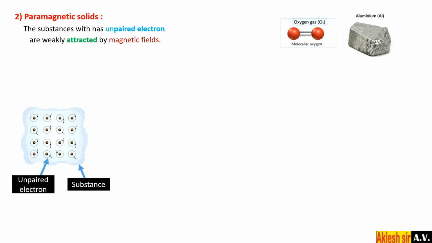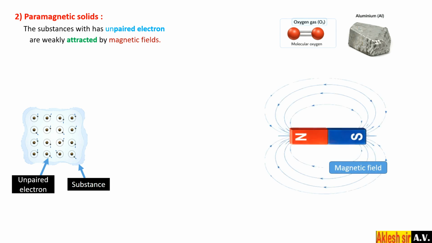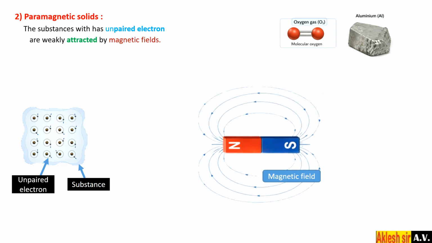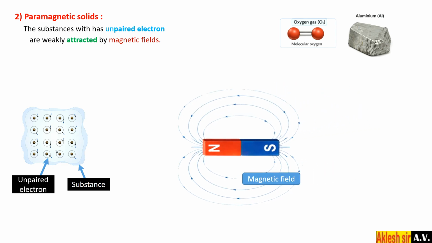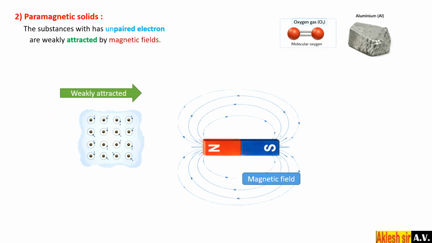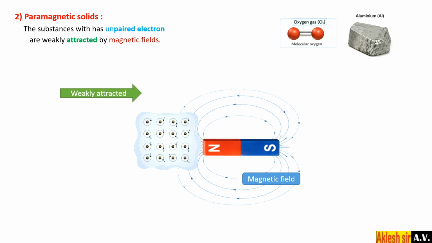Let's see what will happen if a magnetic field is applied around a paramagnetic substance. Because a paramagnetic substance contains unpaired electrons, it is weakly attracted when placed near a magnetic field. These substances are said to be paramagnetic.